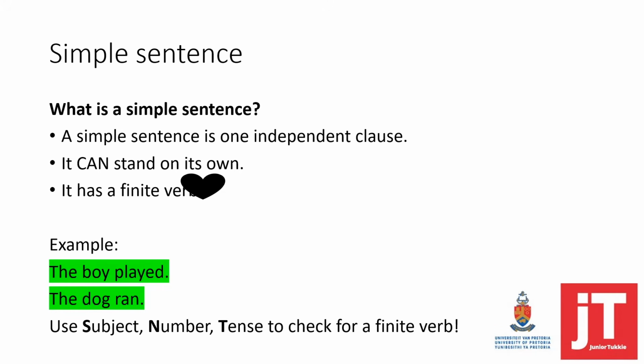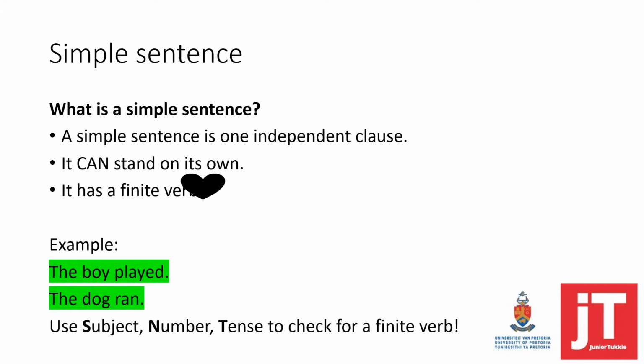We can test this by using the rhyme SNT, or subject number tense. This helps us check if a sentence in fact does have a finite verb. Let's try it with the first sentence. The boy played. Is there a subject? Yes, the boy. Is there a number, meaning plural or singular?